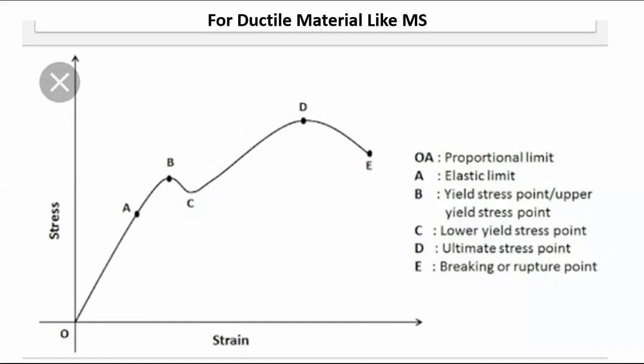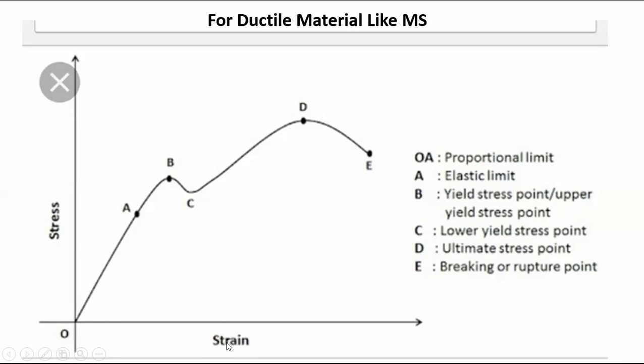Now this is the most important slide, because many times in interviews a question is asked on the stress strain diagram. Very first point, they can ask you on which axis stress is given, whether we take stress on the y axis or x axis.